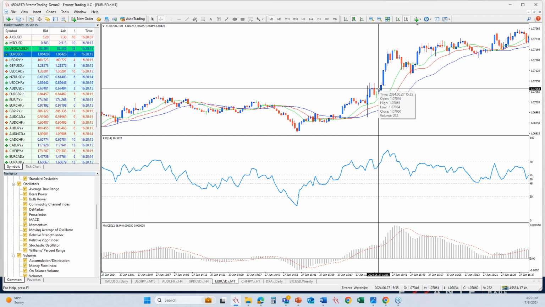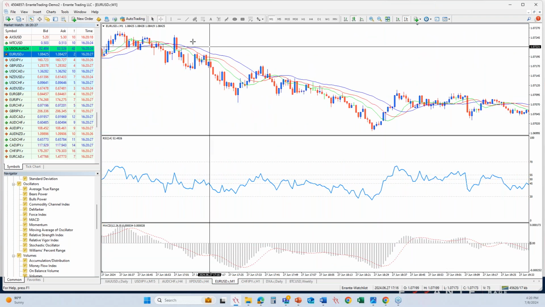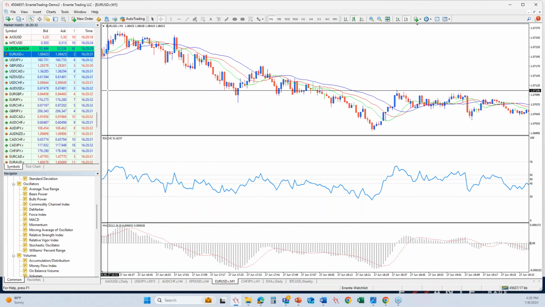But don't forget to use stop loss orders to protect your trades. Place a stop loss just below the recent swing low in an uptrend or above the recent swing high in a downtrend to minimize potential losses.